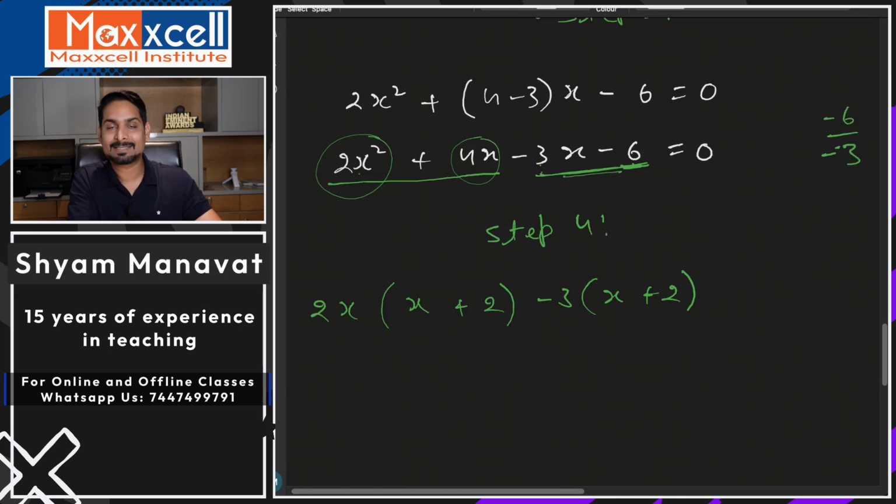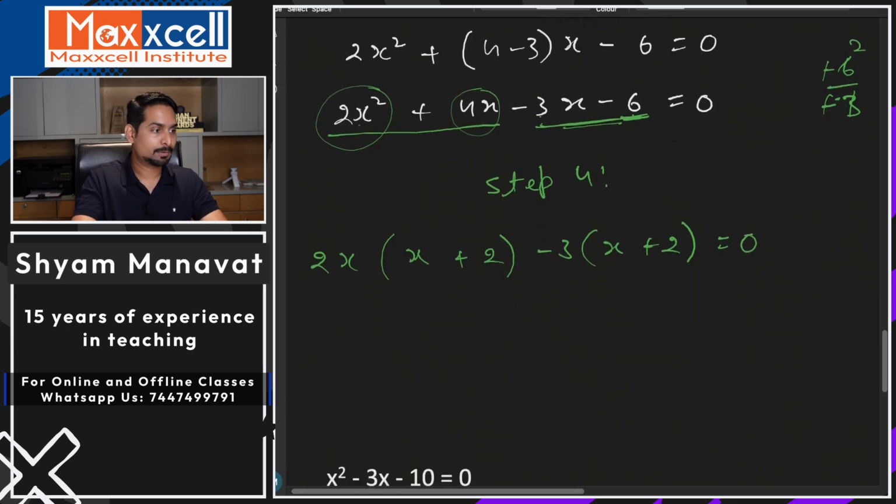Minus minus cancel, 3 2s are 6, so remaining is 2. Common means you are dividing with this term. So you are dividing minus 6 by minus 3. That equals 0. That is step number 4.